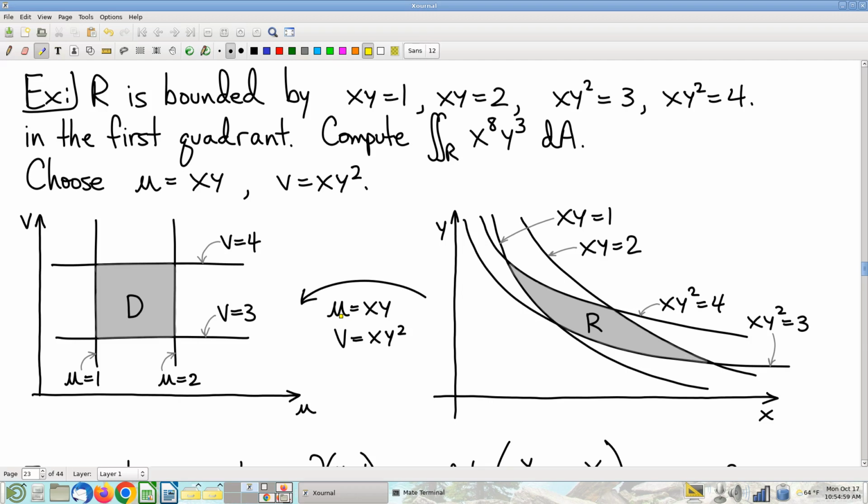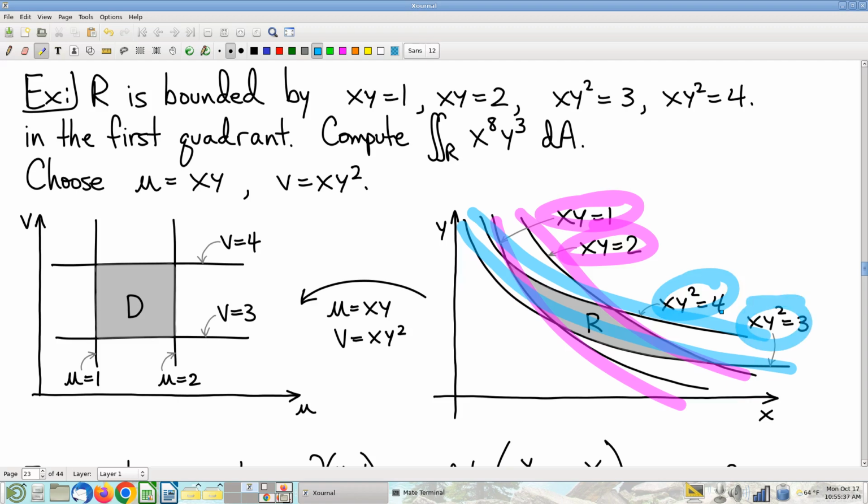And involved in that subject, there's a calculation where you need to compute an integral over a domain that looks almost exactly like this. It's a very weird domain, but it comes up very naturally in that context, and it's bounded by a sort of related pair of curves where x, y are constants, and then another related pair of curves where x times y to a power are constants.